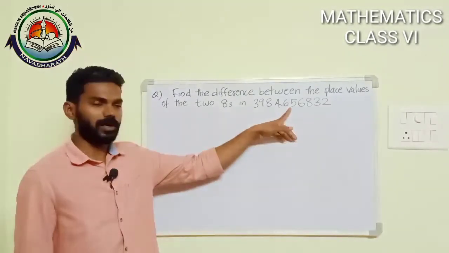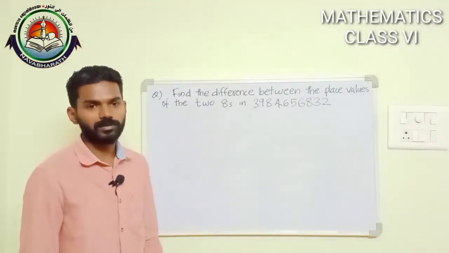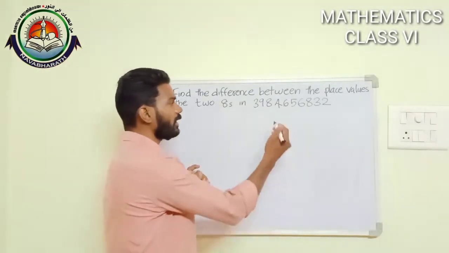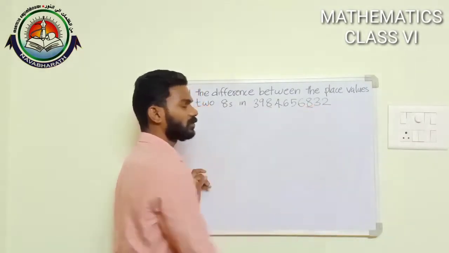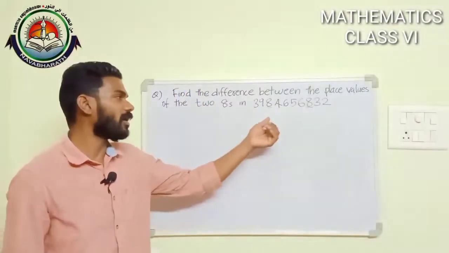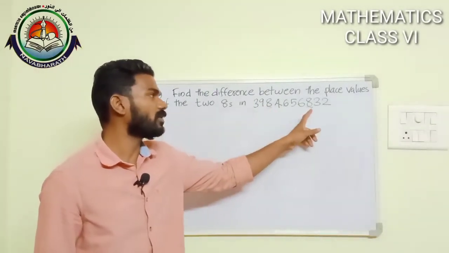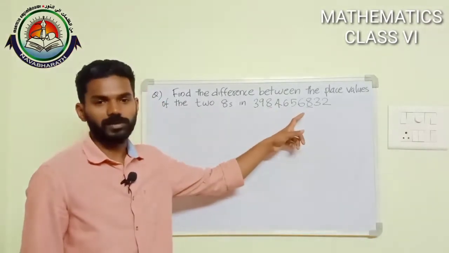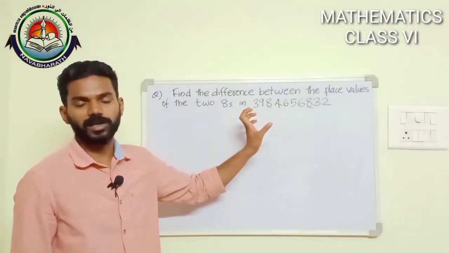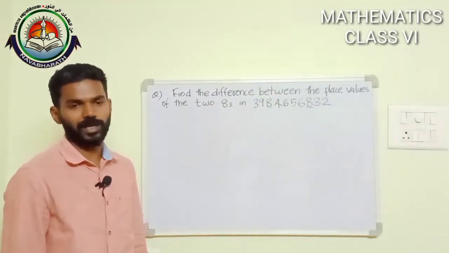Here is a number given for you, and in this number, the digit 8 is in two places. You should consider the place values of both the 8s, and thereafter find the difference between those two place values.